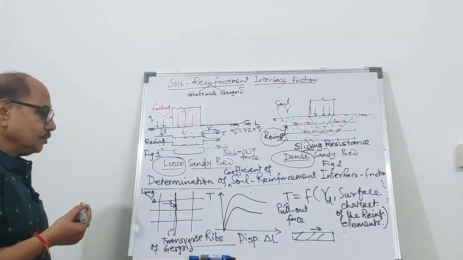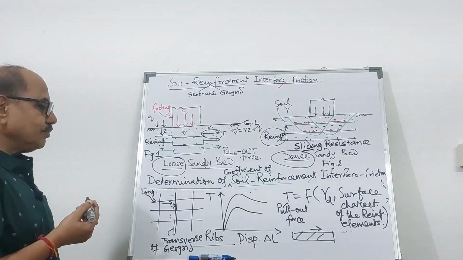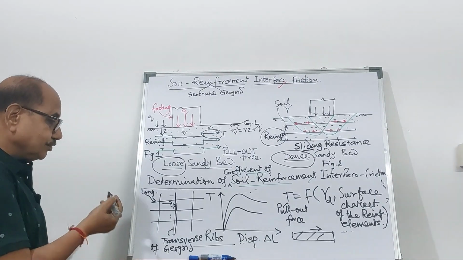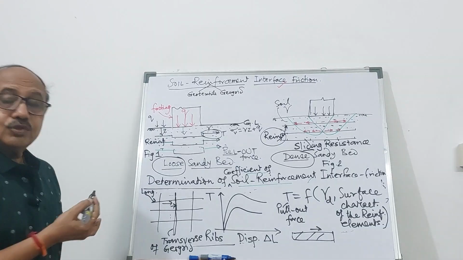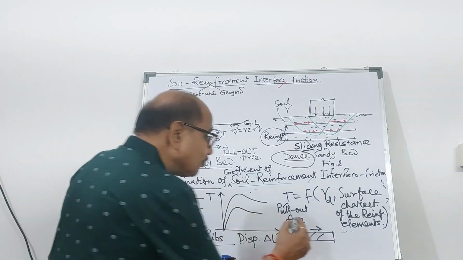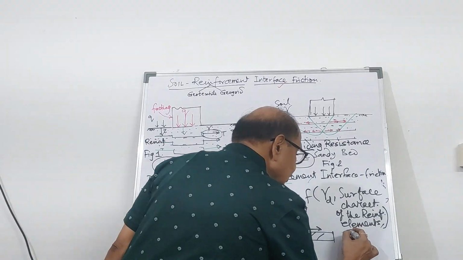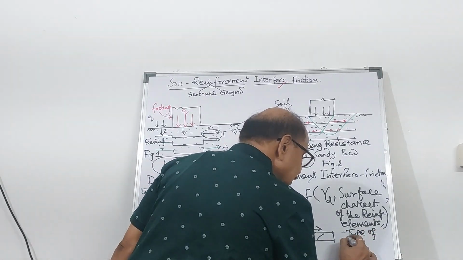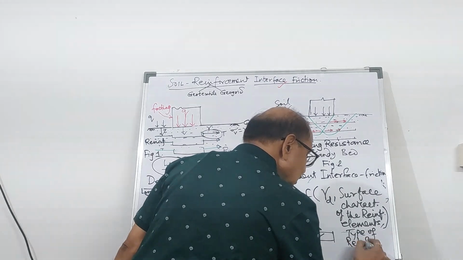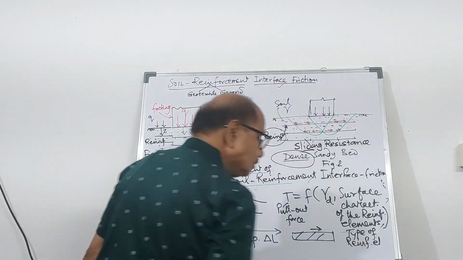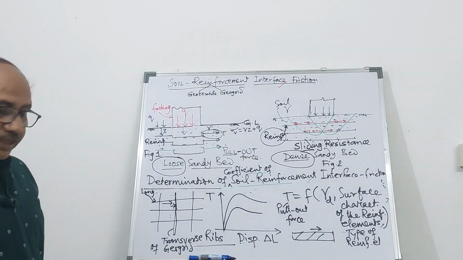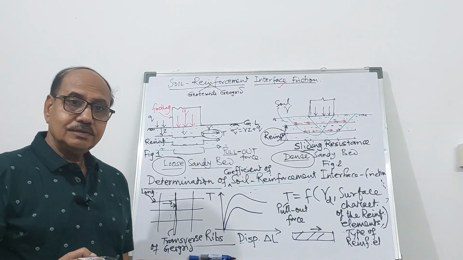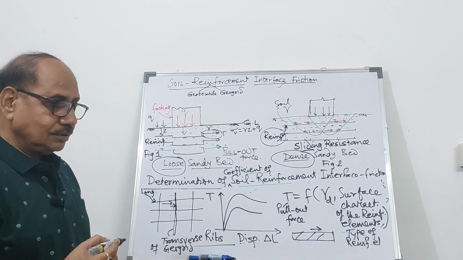So friends, what is the surface characteristic? What is the type of reinforcing element? That is also important. Geotextile or geogrid is very important.